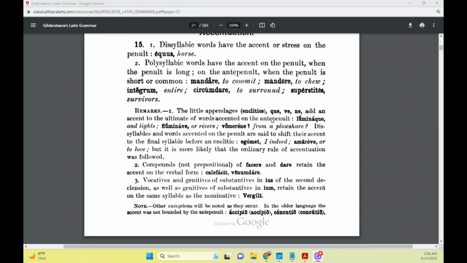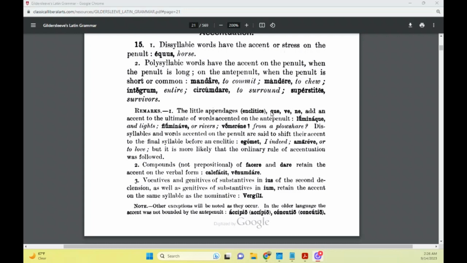Now that's a lot to think about. They're called enclitics because they're really separate words, but they lean back on the previous word. They add an additional accent to the last syllable of a word when that word is accented on the antepenult.